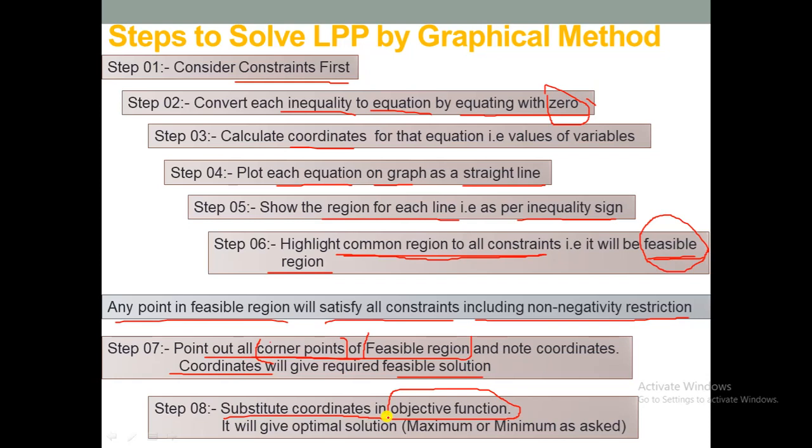So the coordinates are put in the objective function for each and every point, and with respect to that point and those coordinates we are going to get the value for this objective function. So if there are going to be four corner points, we are going to get four different values for the objective function. It may be 0, it may be more than that.